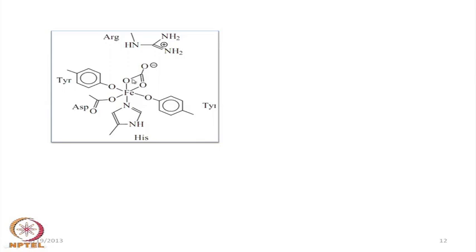This carbonate is also stabilized by hydrogen bonding or ion pair interaction with an arginine side chain of the transferrin molecule. But what we basically get here is that instead of iron in the ferric form alone, we are putting in the entire iron carbonate unit. So, an iron carbonate molecule is being stored inside the transferrin molecule.